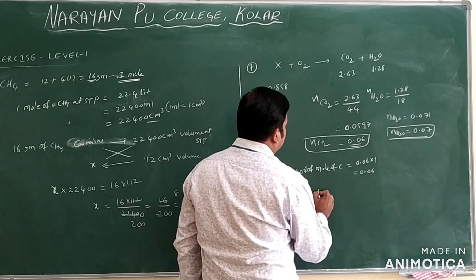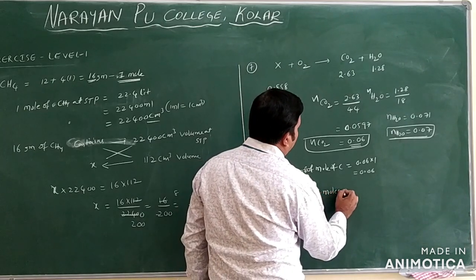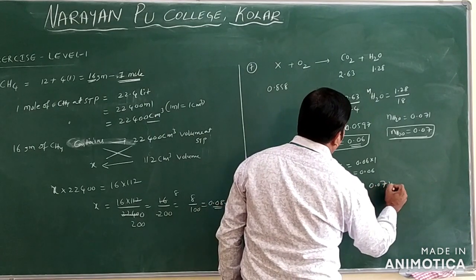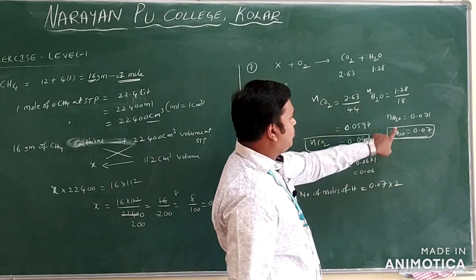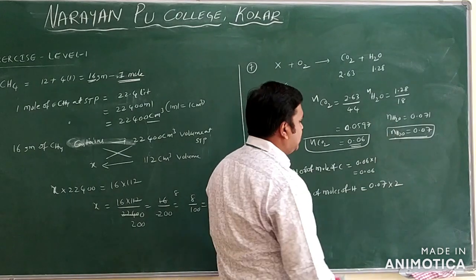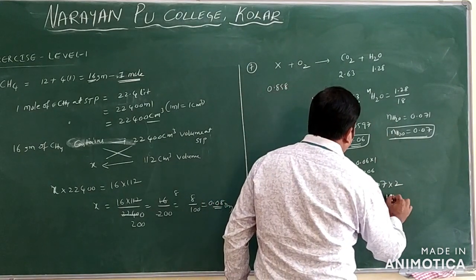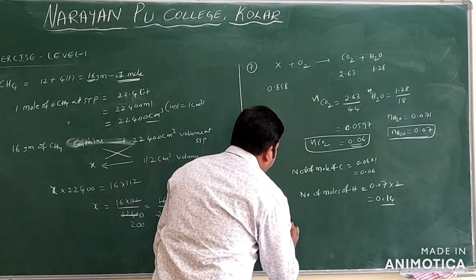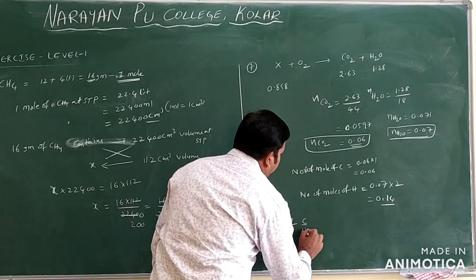Now the number of moles of hydrogen is 0.07 into 2. Why 2? Because there are 2 hydrogens, so you multiply with 2 only. Then you will get 0.14 only.